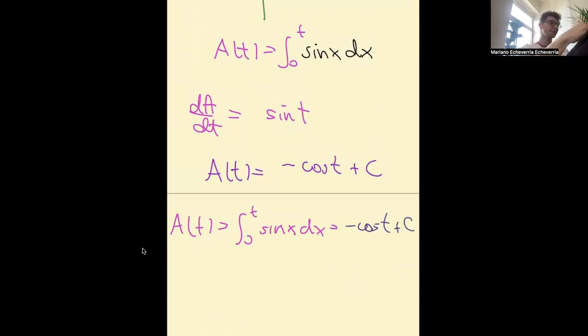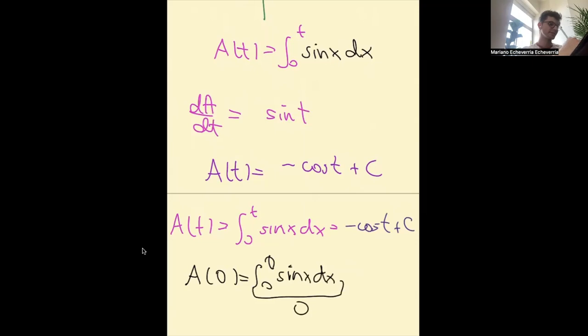And if you do the same trick as before, A of 0 is the integral from 0 to 0 of sine of x dx, which is always 0, but now that gives you minus cosine of 0 plus c.